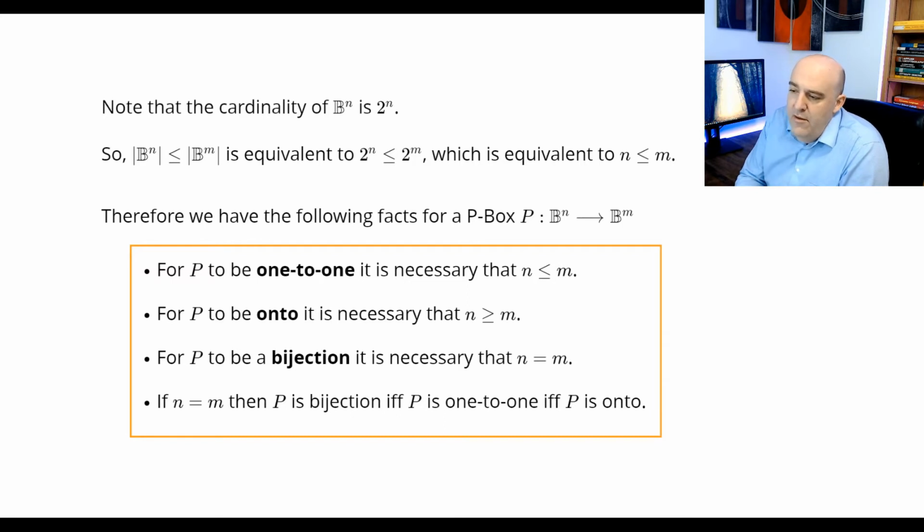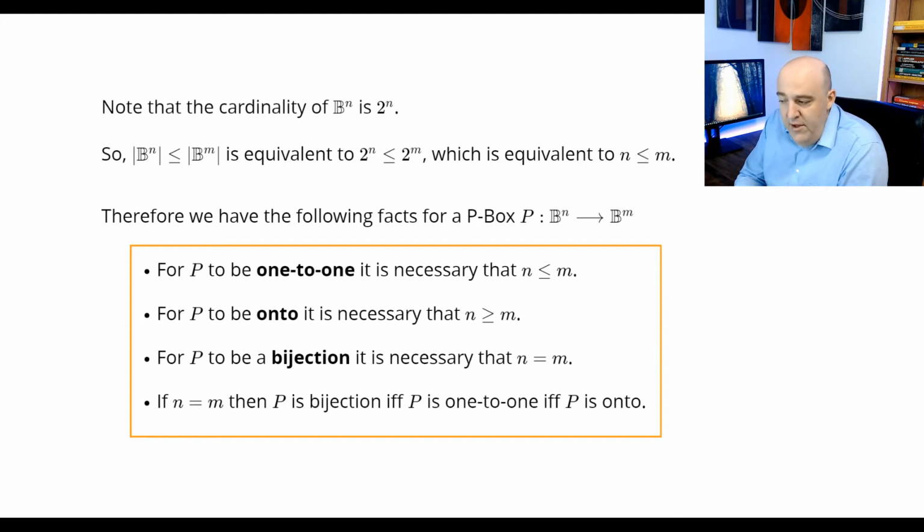And so talking about the cardinality of Bn being less than or equal to the cardinality of Bm is just the same as saying 2 to the n is less than or equal to 2 to the m, which is obviously just the same thing as saying n is less than or equal to m. So for a p box, let's say we have a p box P going from Bn to Bm. For P to be 1-to-1, it better be the case that n be less than or equal to m.